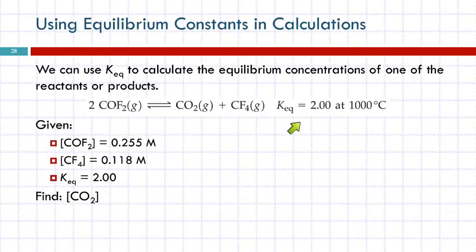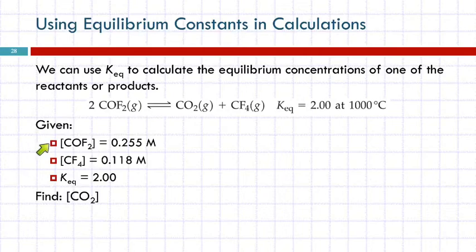The equilibrium constant is 2.0 at 1,000 degrees Celsius. So 1,000 degrees, fine, it's just there. We'll ignore it now. This equilibrium constant of 2 is approximately 1. That's pretty close to the number 1, meaning there's going to be significant amounts of reactants and products.